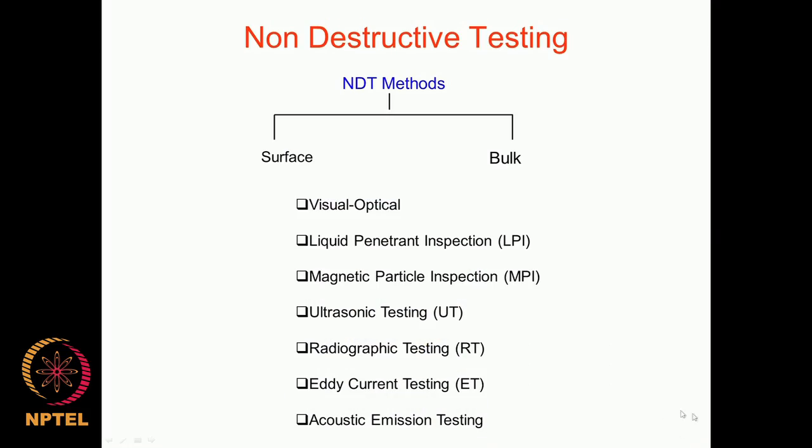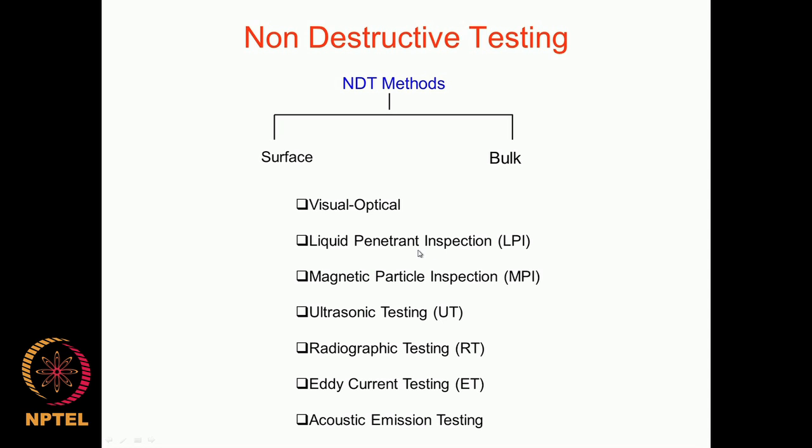Okay. So, we have discussed the first one, visual optical, in the last lecture, and as I said, if you want to see and inspect what lies beneath, then you need to use one of these NDT methods which are listed here. Some of these will come under the category of surface NDT methods, and some of these will fall under the category of bulk or volume NDT methods.